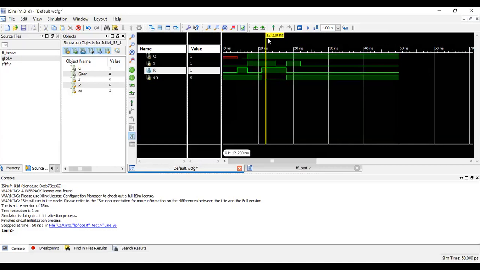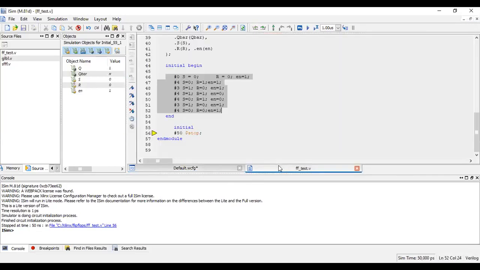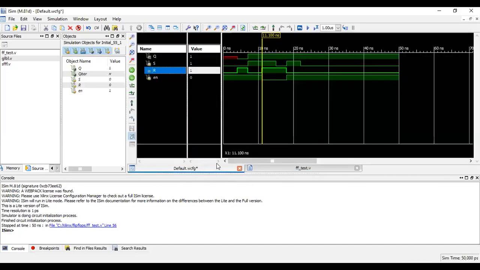Now at this point, what is happening? Enable is 0. When enable is 0, what is the output? When enable is 0, we can go to the main module, and when enable is 0, Q will be equal to Q. There is no change.